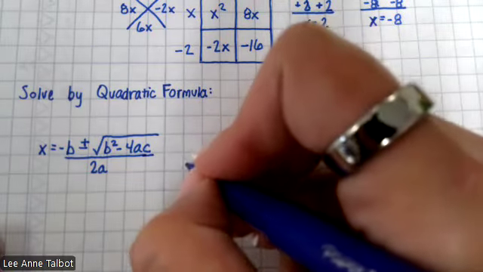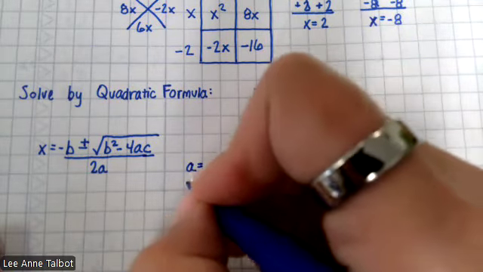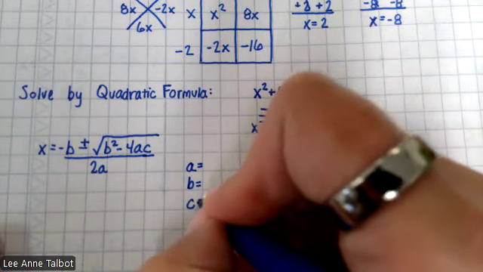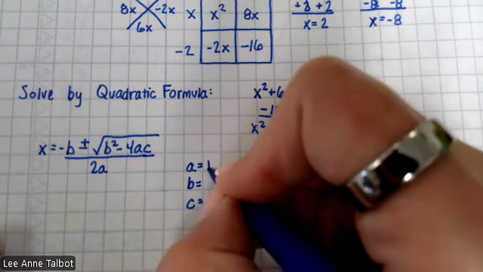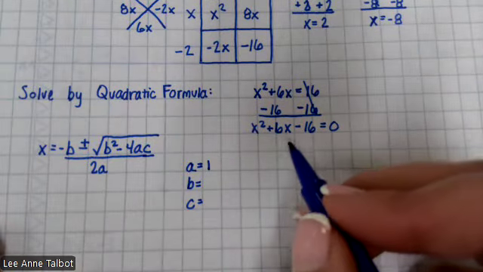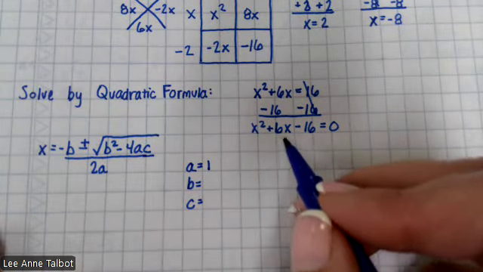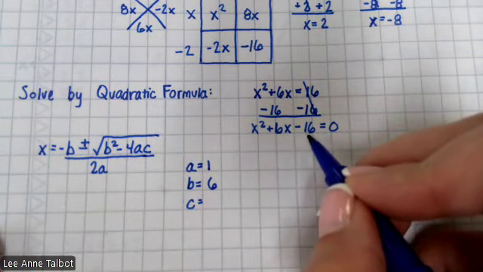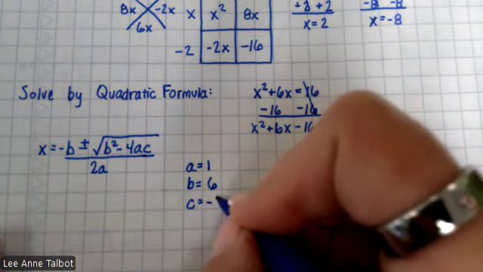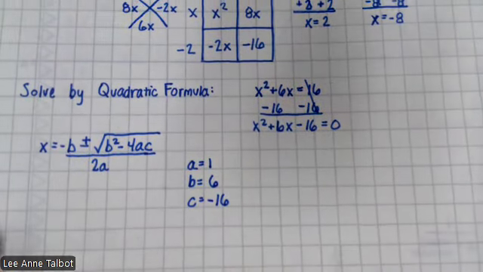The first thing I like to do is I like to list what a, b, and c are. A is the number in front of the x squared. When there's nothing there, it's 1. B is the number in front of the x, which is 6. And c is the constant, which is negative 16.